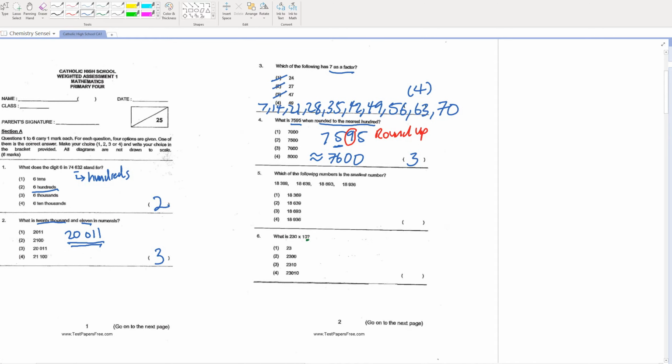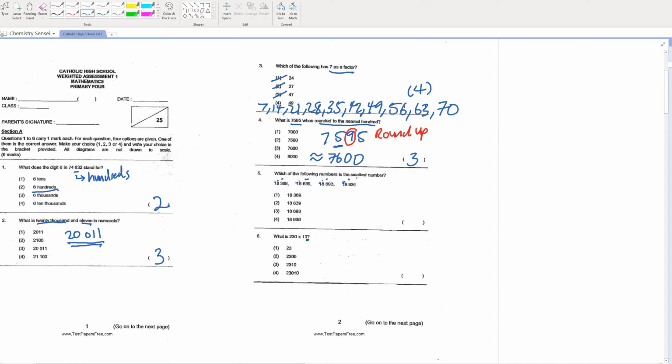Question 5. Which of the following number is the smallest number? Okay, so let's take a look at the first number. 1, 1, 1, 1. So they are the same. Next, we have 8, 8, 8, 8. Similarly, their numbers are the same. Next, we have 3, 6, 6, and 9.